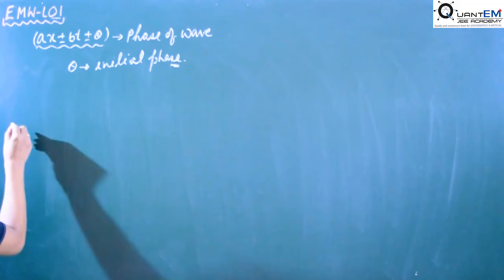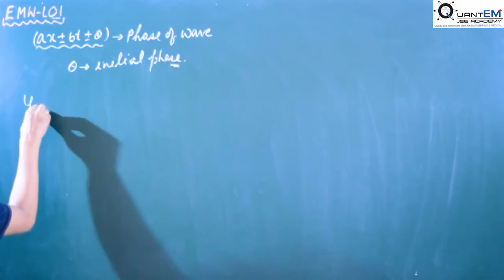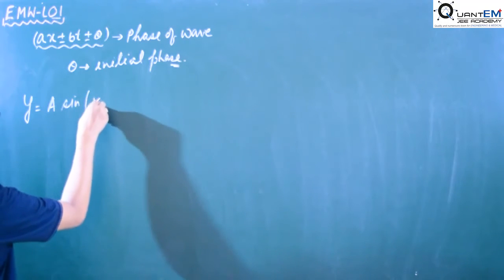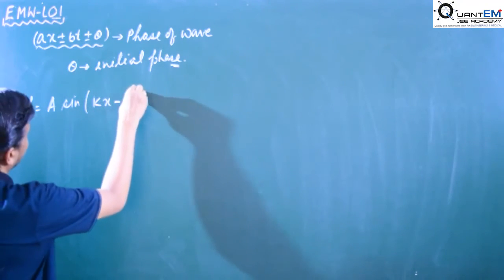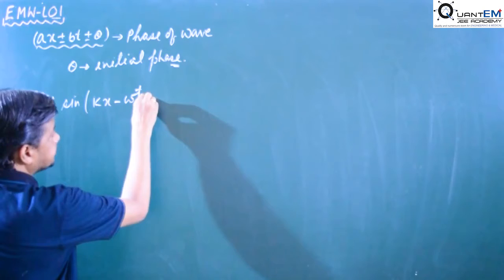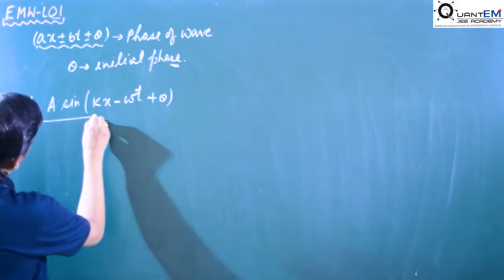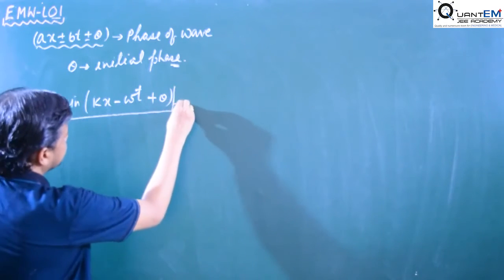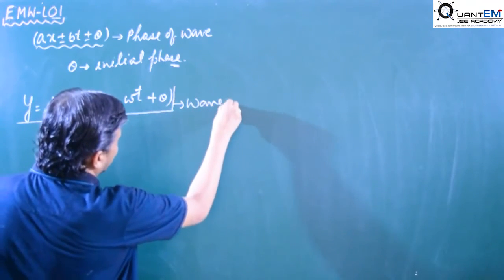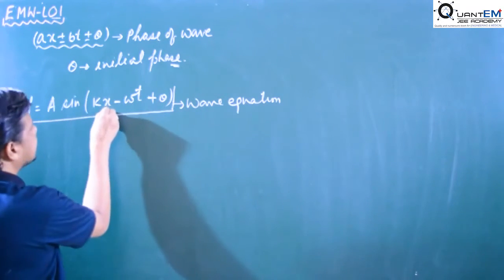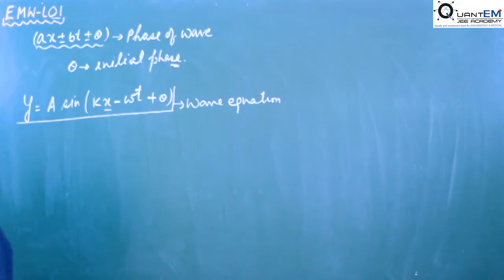अब हमने जैसे लिखा y is equal to a sin(kx minus omega t plus theta). So it is the equation of the wave. यहाँ जो है ये शो करता है direction of propagation is along x coordinate.